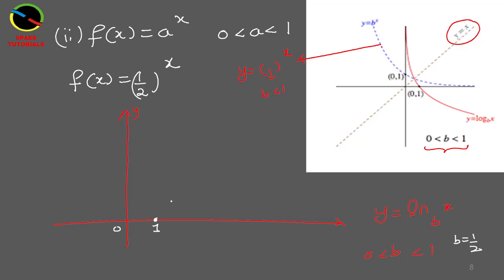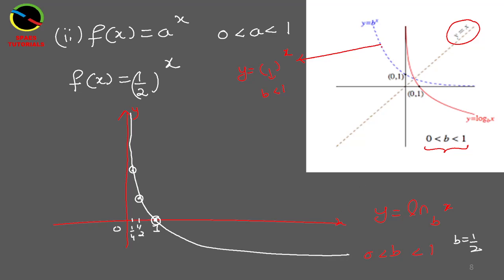Now the graph looks almost the same shape. When x is equal to 1, the y value is going to become 0. This is one point. When x is equal to half, the y value is going to become 1. And when x is equal to 1 by 4, the y value is going to become 2. So the graph proceeds like this.